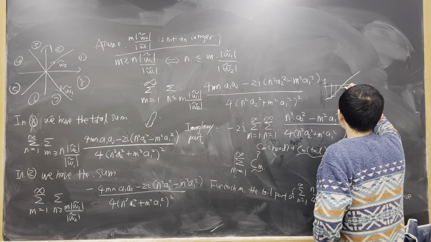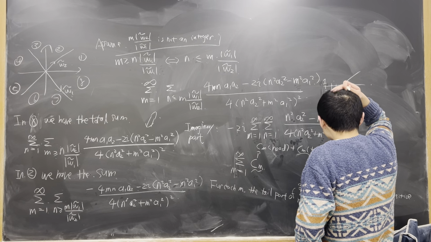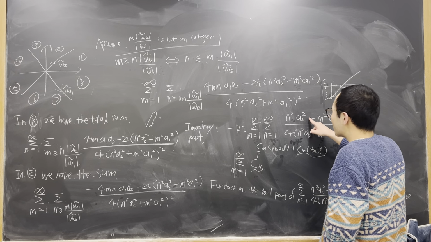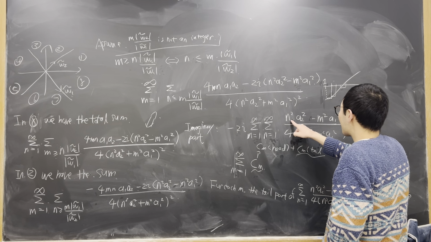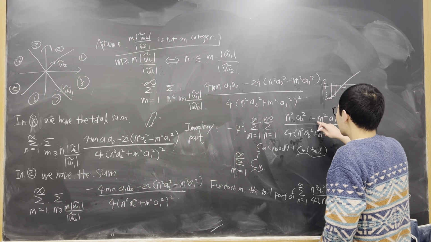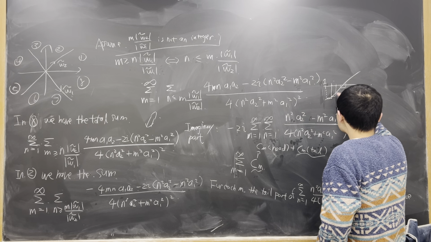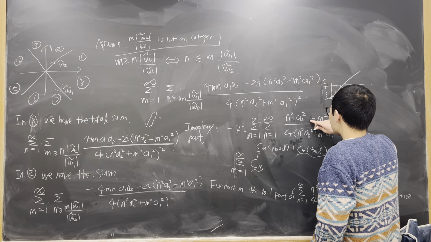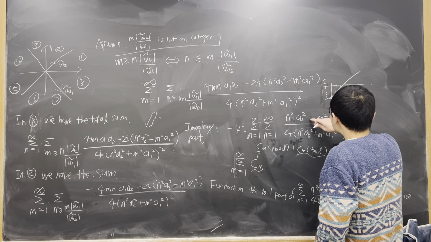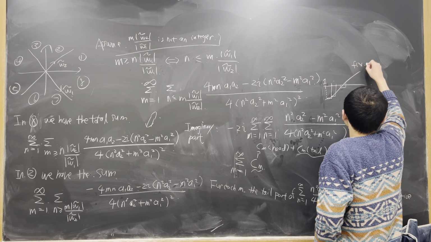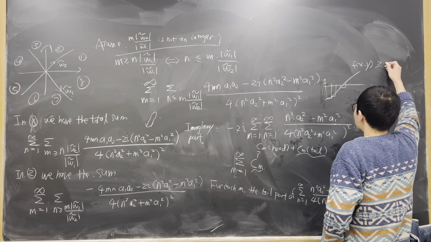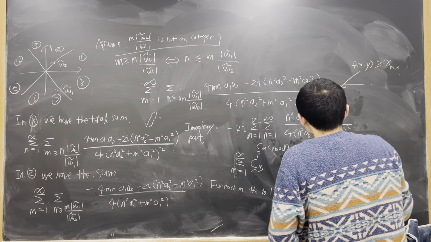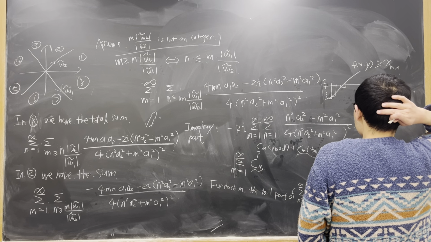So at any point, the function value will always be bigger, if you interpret m and n as x and y here. Interpret this one as a characteristic function. So this function value will always be bigger than or equal to this characteristic value based on m and n.